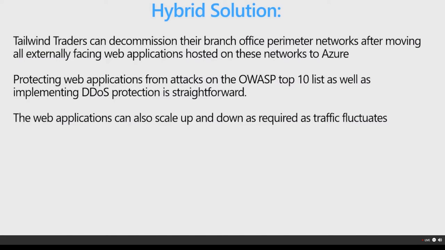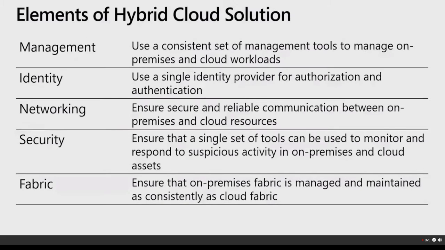So let's talk about the elements of a hybrid cloud solution. Your hybrid cloud solution needs to have management, identity, networking, security, and fabric when you think about it. So from the management perspective, make sure you've got a consistent set of management tools to manage on-prem and cloud workloads.